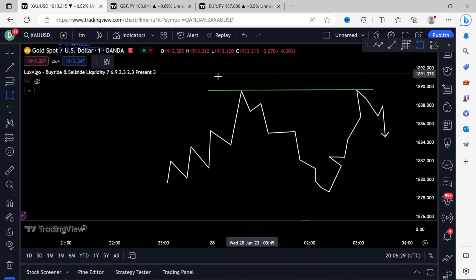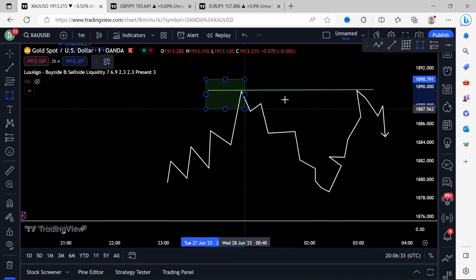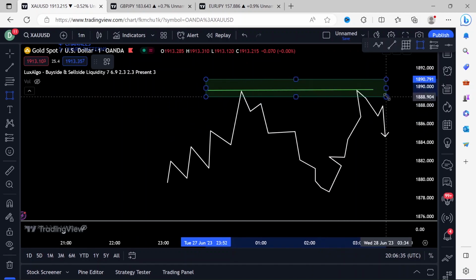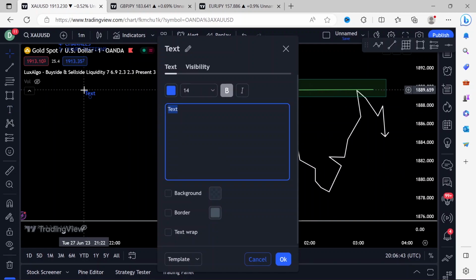This could be a supply zone, or a resistance.